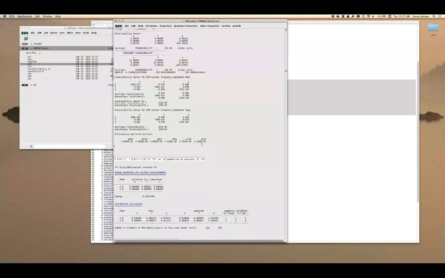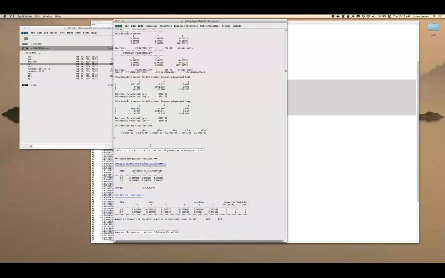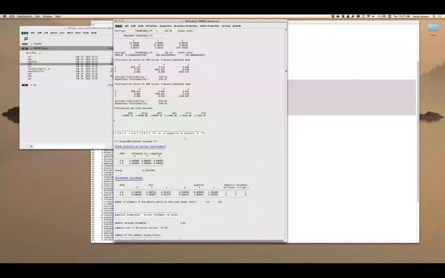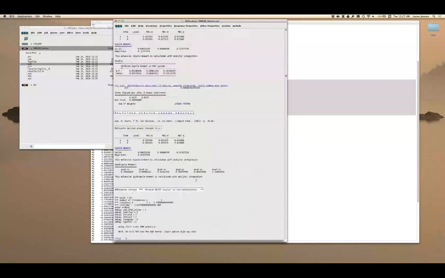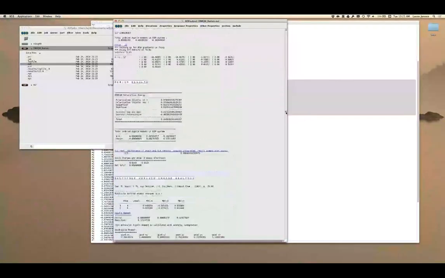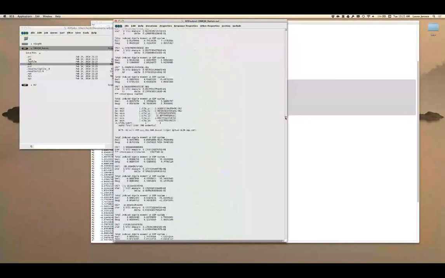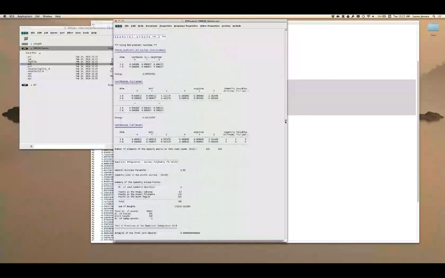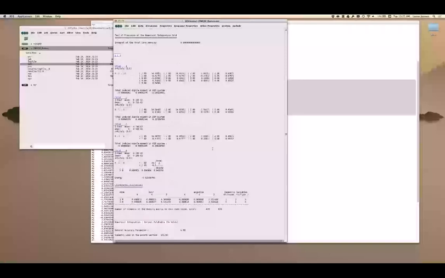Okay, and then it's going to do the same type of calculations for the numerical displacement along the coordinates, which is the standard way of doing Raman calculation based on numerical derivatives.